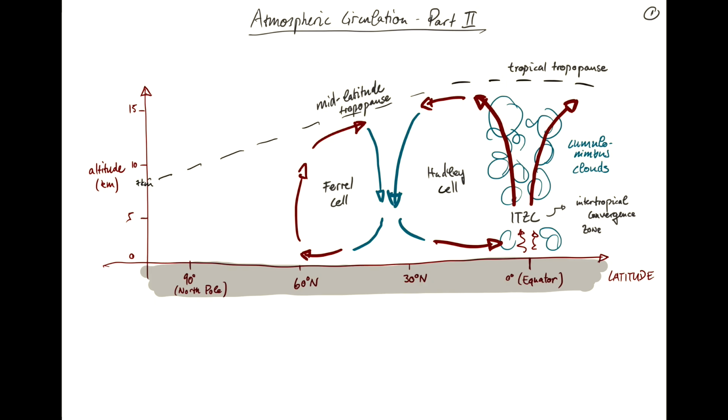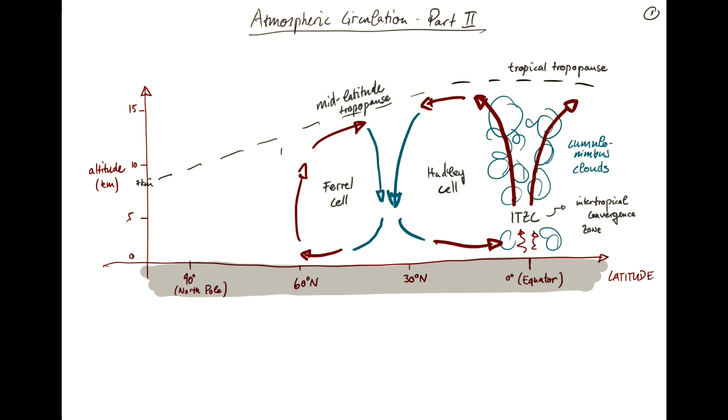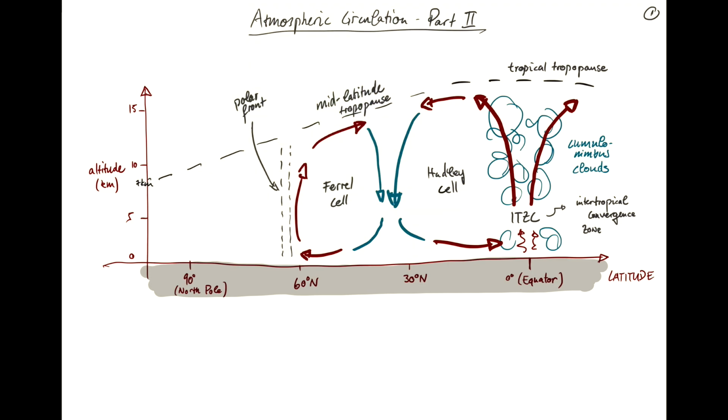And the region around 60 north is actually characterized by the polar front. And at the top of the polar front you have the polar jet stream. And then north of 60 you have the polar cell. Here's the polar tropopause, and here you have the polar cell.